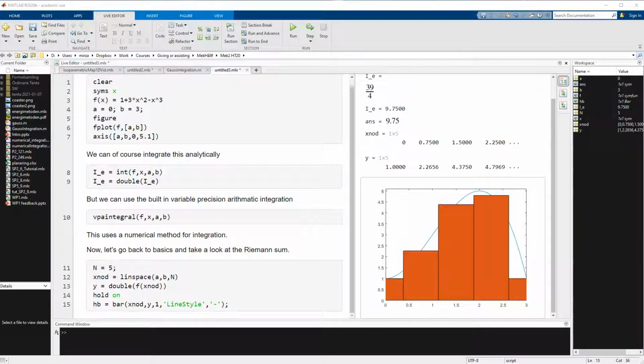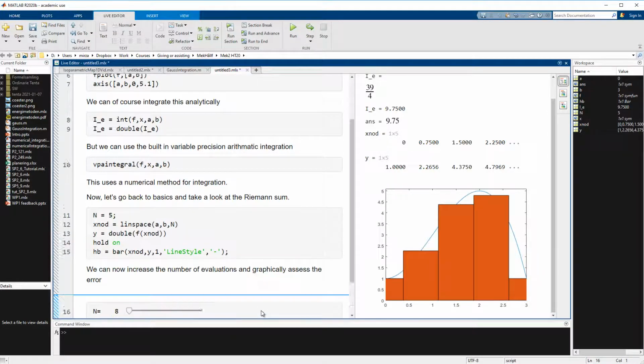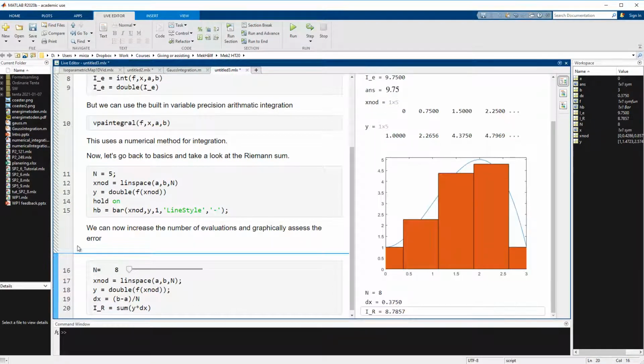If we do this, we can increase the number of points, and we can see what happens here. So if I'm using the slider, which increases n here, I can see in real time what my approximation will yield. And with n, I will approach the true solution.